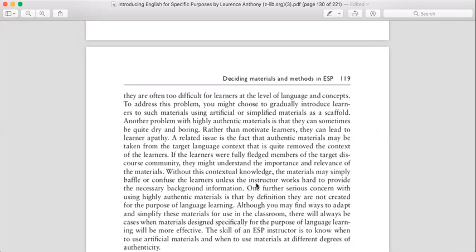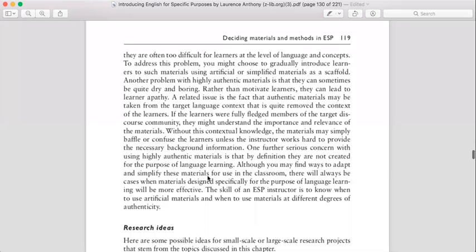Authenticity increases as much as the sample is embedded in the context. Okay, so they are not created for the purpose of language teaching. And the skill of an ESP instructor is to know when to use artificial material and when to use material at different stages of authenticity.